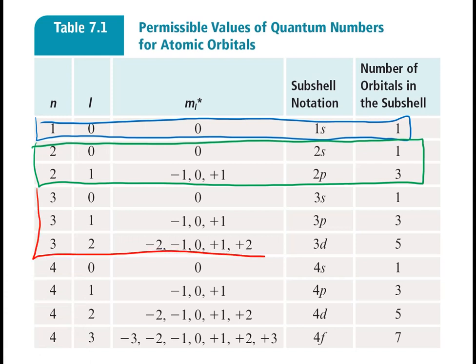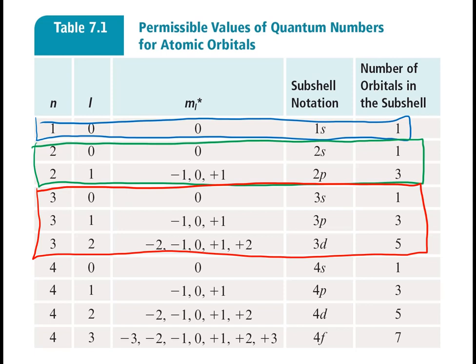See a trend here? So L can be 0, and therefore M sub L can only be 0. So whenever L is 0, there's only one possible M sub L value. When L is equal to 1, there's only ever 3 possibilities for this, and so that's where the 3 comes through. Minus 1, 0, 1. So from a minus L, which is a minus 1, 0 to a positive L. That's what you got there.